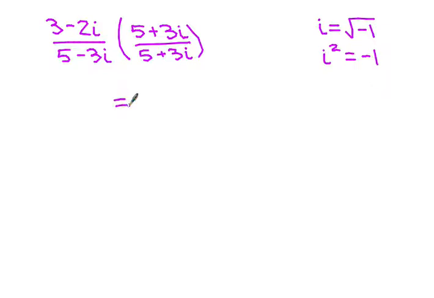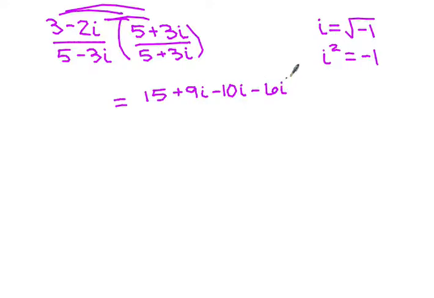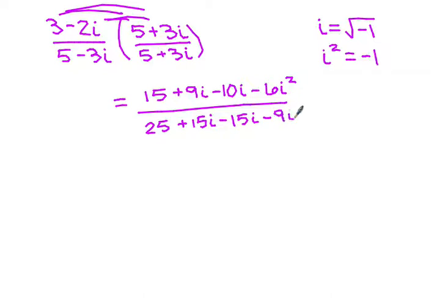Okay, so this is going to equal, we'll just distribute. So you end up with 15 plus 9i minus 10i minus 6i squared all over 25 plus 15i minus 15i minus 9i squared.